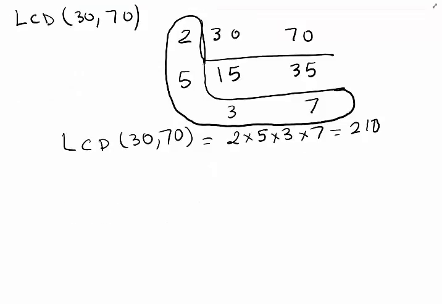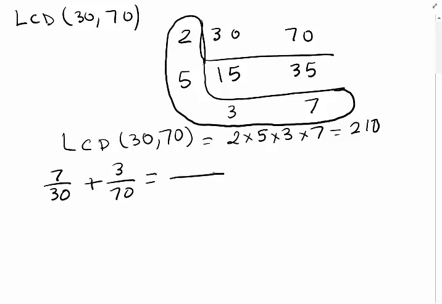Now I'm ready to show you how to rewrite the two fractions using the least common denominator of 210. So we have 7 over 30 plus 3 over 70 equals. So we're going to rewrite the two fractions using the least common denominator of 210.